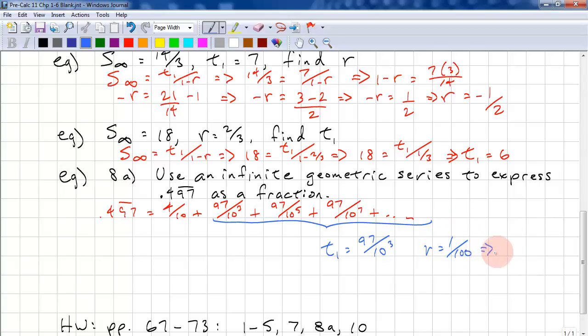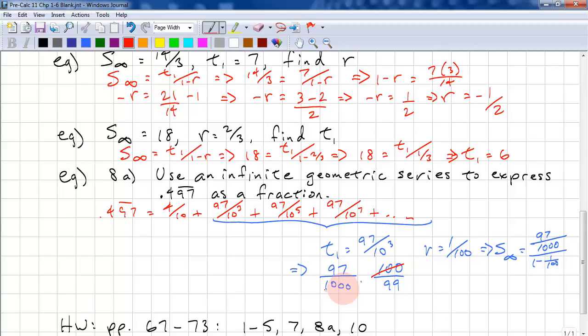So we have S infinity equals 97 over 1,000, all divided by 1 minus 1 over 100. And this gives us 97 over 1,000, and 1 minus 1/100th is 99 over 100. So we have to multiply by the reciprocal, which is 100 over 99.